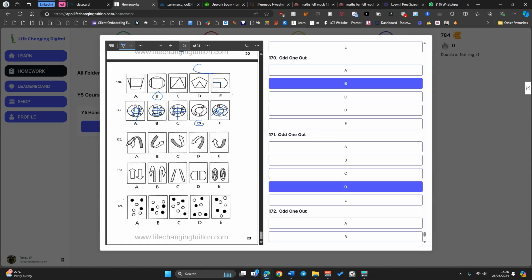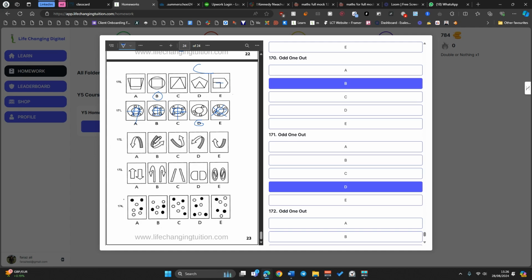Question 172. Now these ones are usually quite simple. If you see that all of the options look like the same shape, what's probably happening is all of them are rotations and one is a reflection, or vice versa.